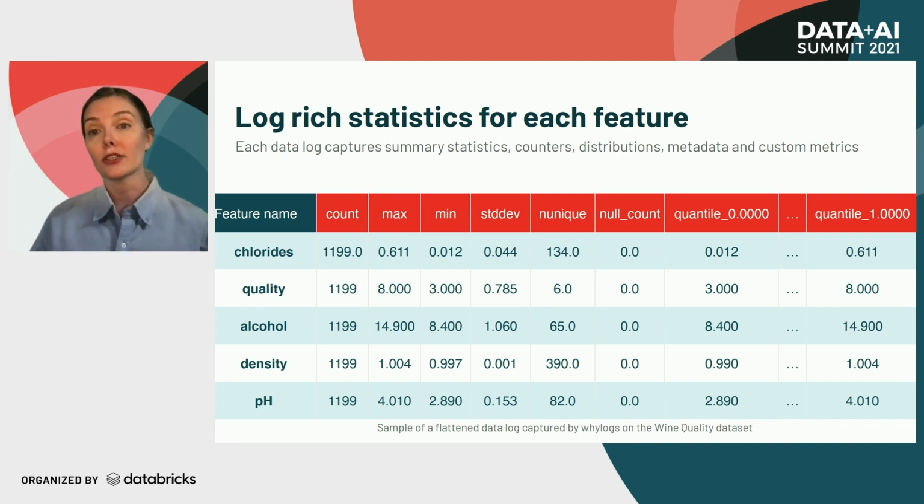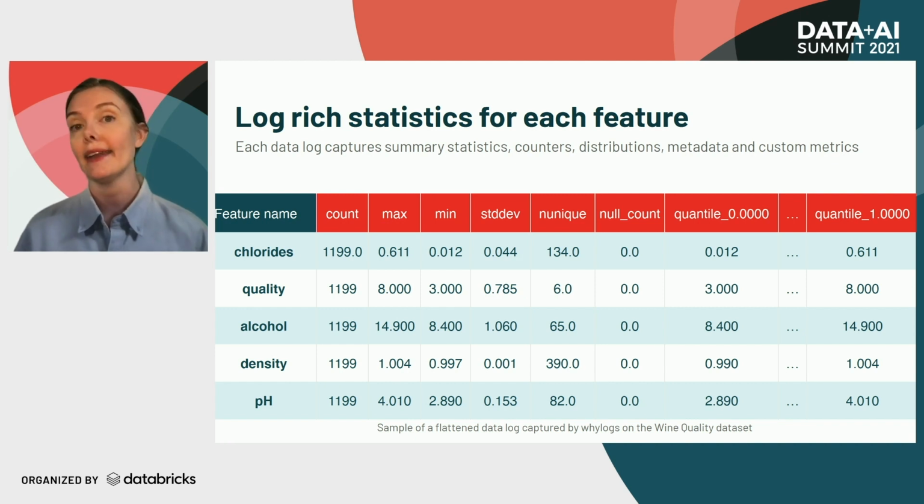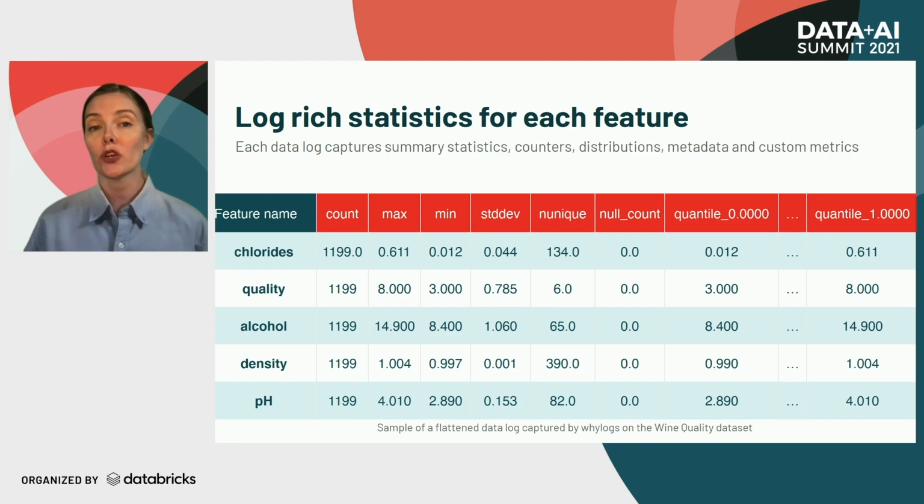The log files are stored in Parquet, Protobuf, JSON, or flattened CSV, as we see here in this table. This data log contains all the information you need to understand the quality, integrity, and distributions of the data in your pipeline at every batch. The type of metrics YLOGS captures is configurable, and we would love the community to contribute new metrics and ideas.